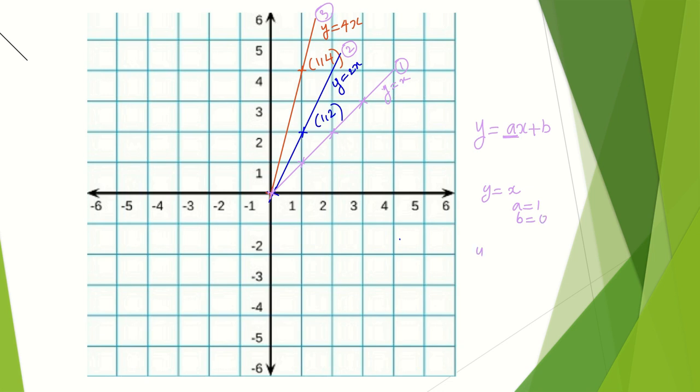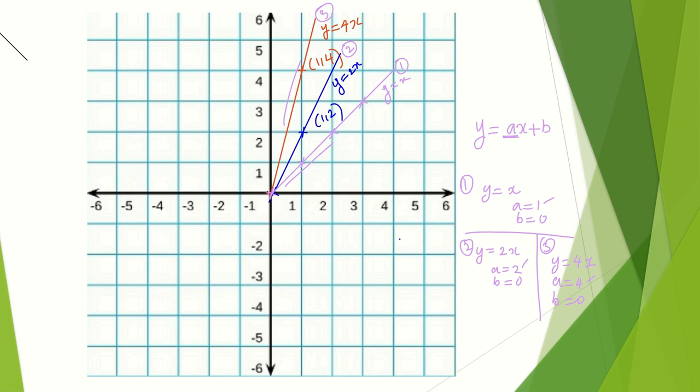Next case y equal to 2x, here A was 2, B was 0. The third graph was y is equal to 4x. Here A was 4 and B was 0. As you can see, the value of A increases 1, 2, 4, the steepness increases. First it was here only in the bottom part, then it moves like this. So as the value of A increases, steepness increases.